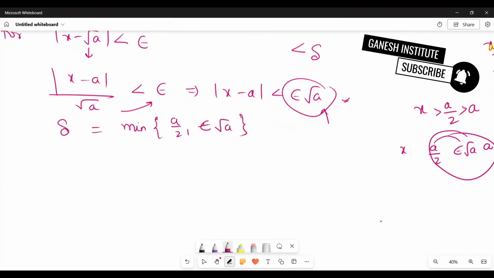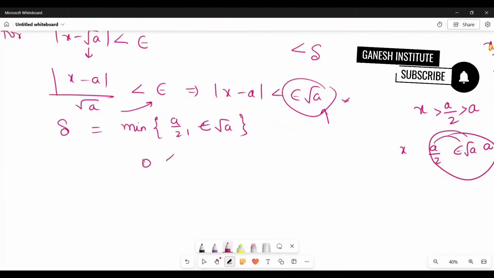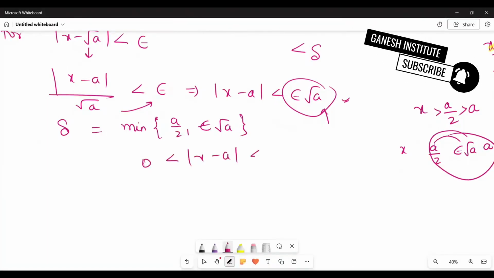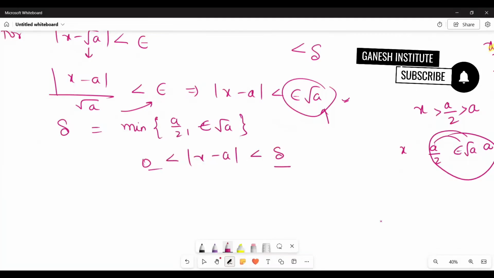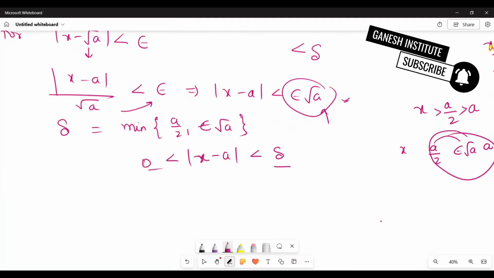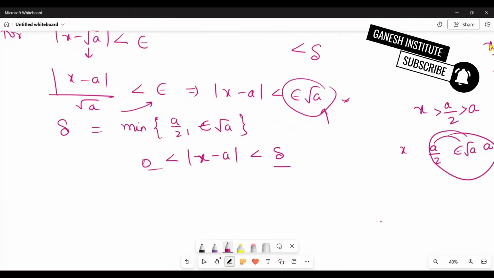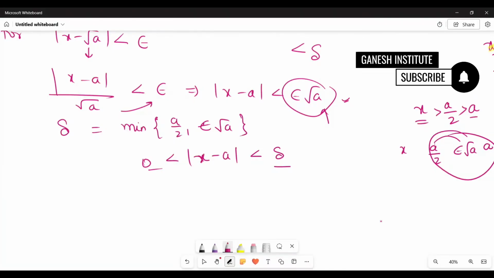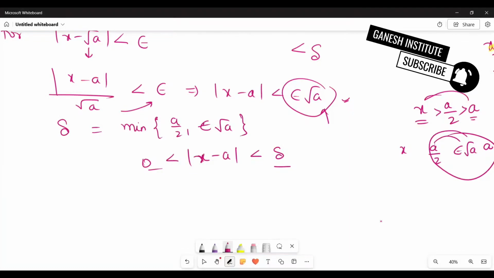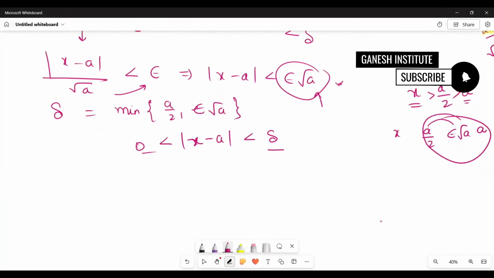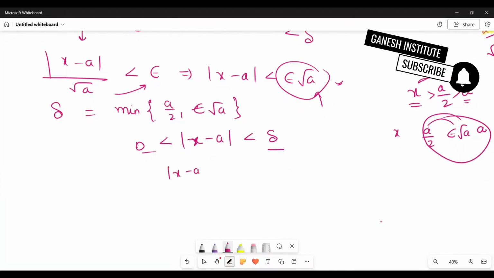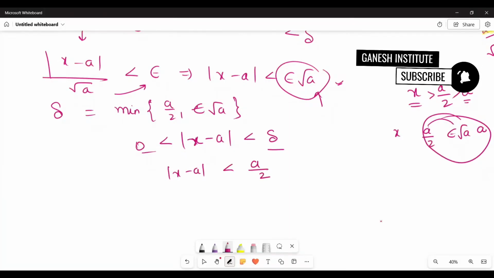And then you will say that if you know that absolute value is going to be this way, right? Yeah. And your value x and a has this relation. This x minus a is less than a by 2.